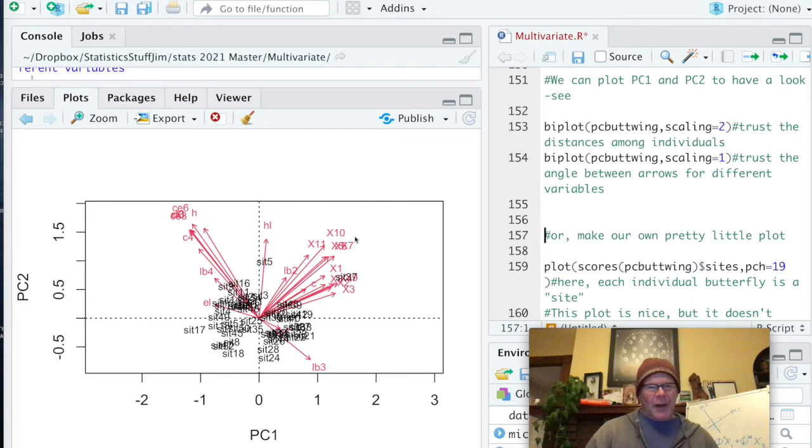You can also eyeball this and look at this. If we look at X10, which is that dot, versus H, which is the wing height, they're both pretty strongly loaded onto both PC1 and PC2. But on PC1, X10 and H have opposite signs, meaning that on PC1, that's the component of their variation where they negatively correlate with one another.